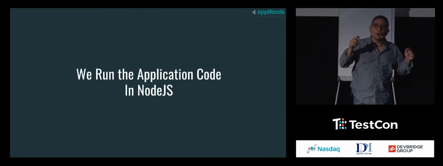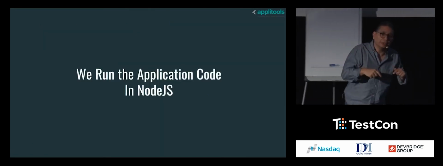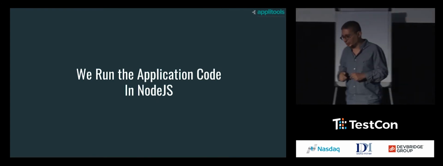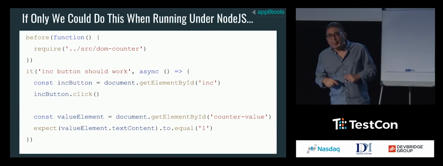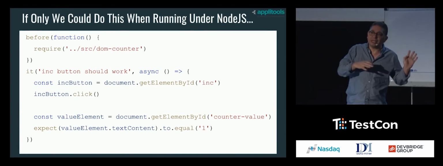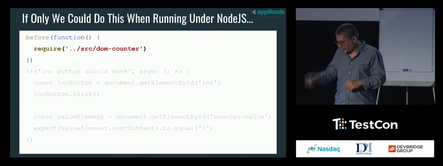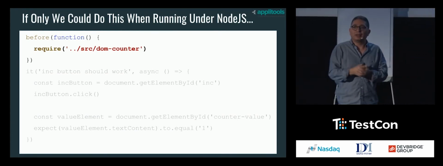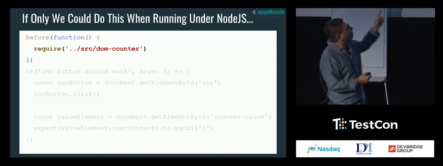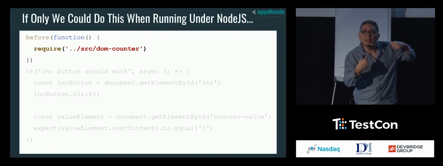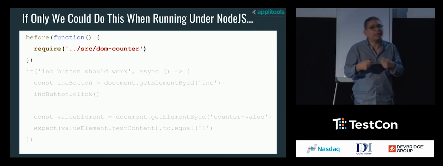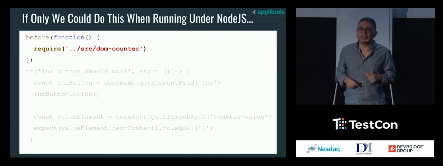The answer is, we run the application code, not the test code, the application code, in Node.js. This is the dream, and we'll see how to implement the dream. If we could, before every test, just require the code of the application. This require imports the code of the application, not test code, not a package that helps you test the code, but the application itself.